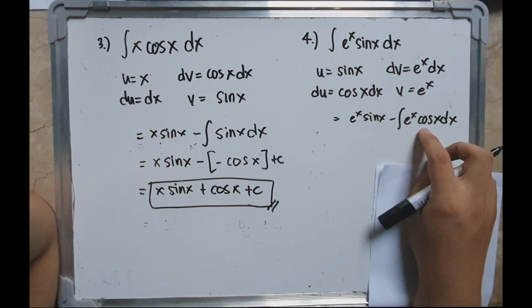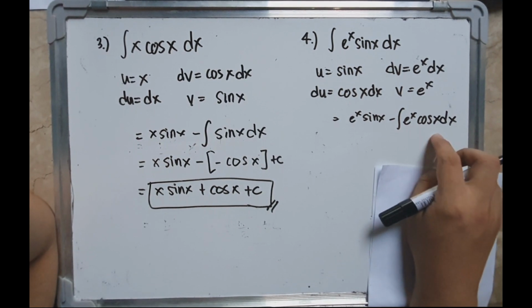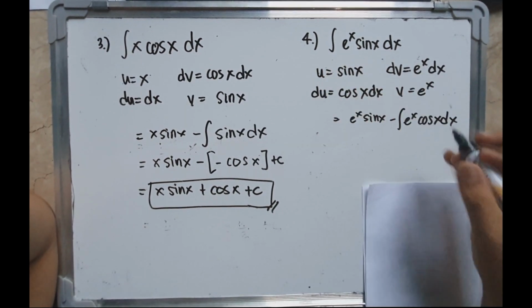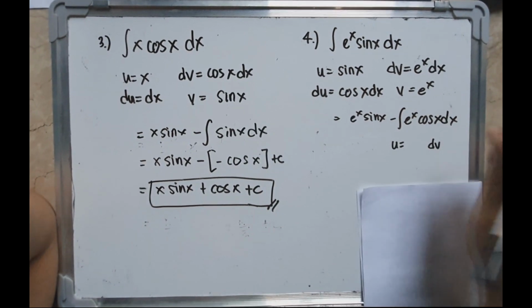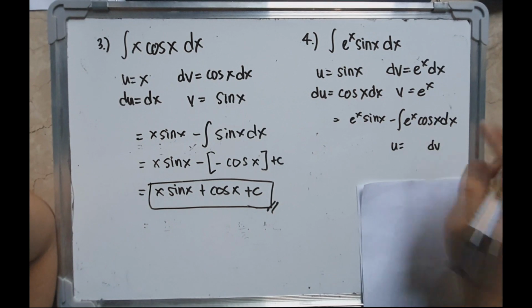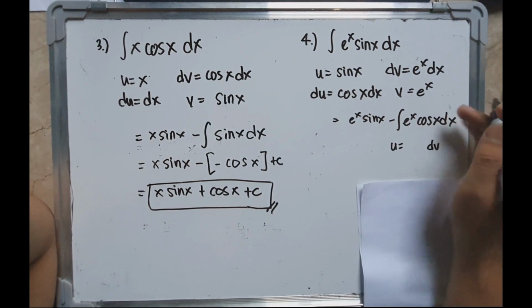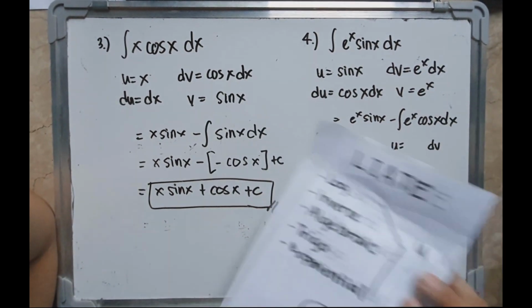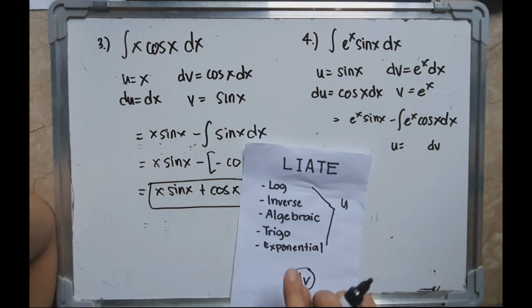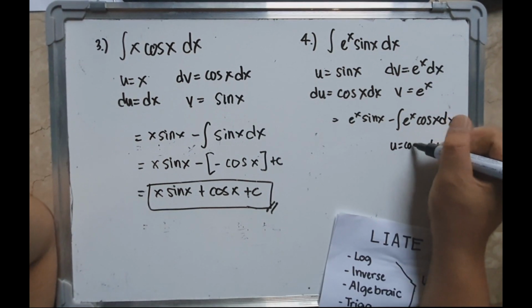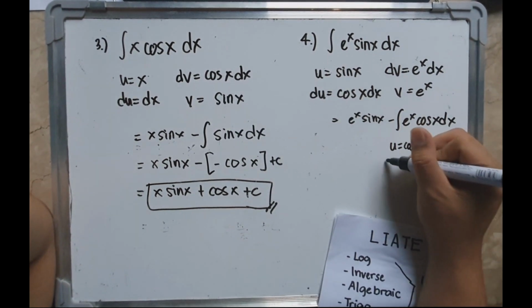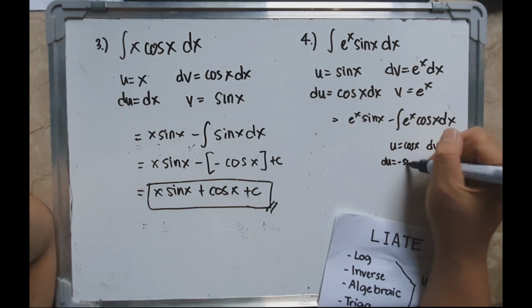Again, in this situation, we will be selecting the u and the dv. So if we select cosine x as the u, since it is part in our order, the derivative of the u is negative sine x.